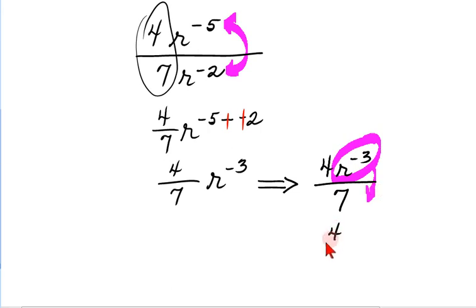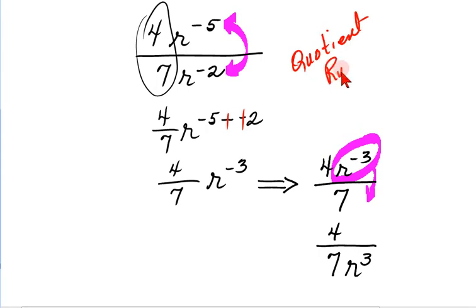That now gives me 4 over what? 7 r to the positive 3, because it moved. So I used the quotient rule, and then I used the negative exponent rule.